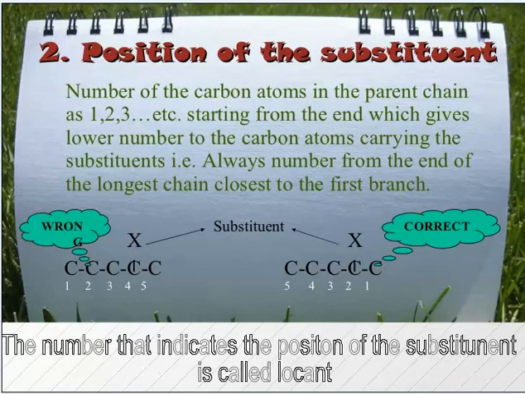For example, if you look to the right, this is correct: X on carbon number 2. But on the left, if we begin to number the carbon atoms from the left, it will be wrong, because X will be number 4. We choose the lower number for the substituent.